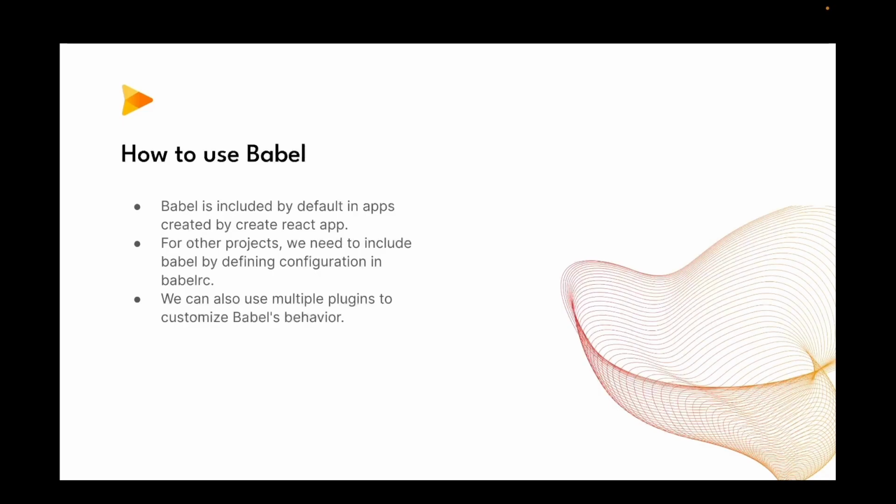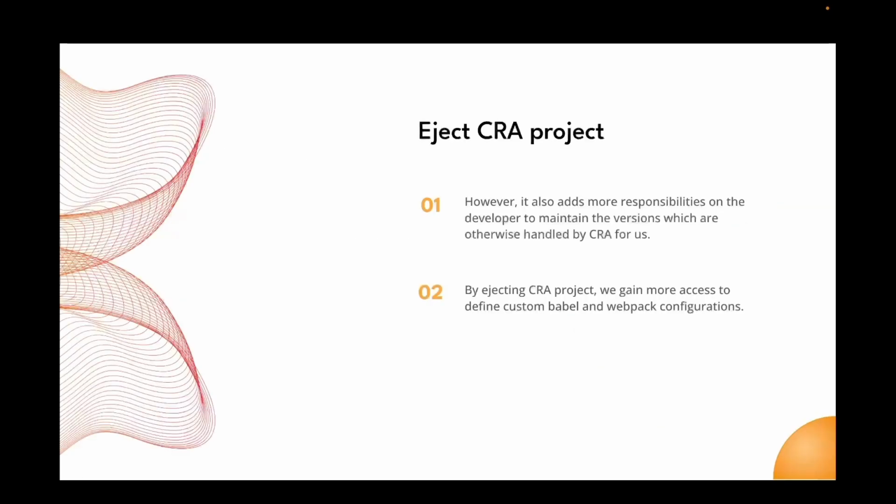How to use Babel? It's already available with Create React app. For other projects, we'll need to create a custom configuration using babelrc and also install the plugins via npm install. And we can also use multiple plugins and custom plugins as well.